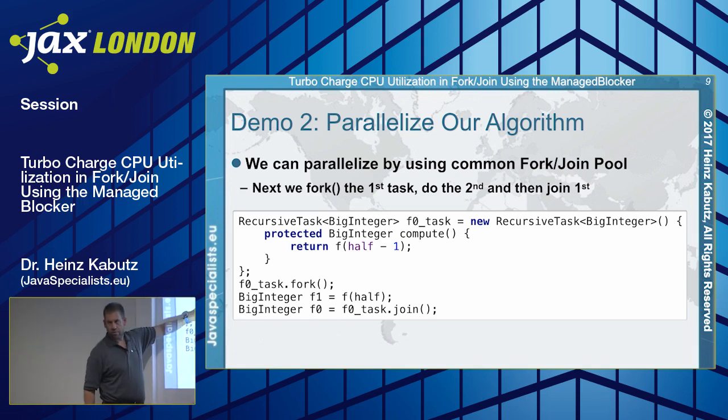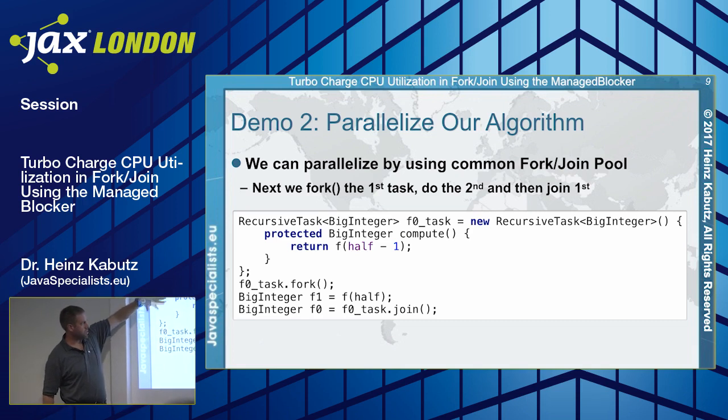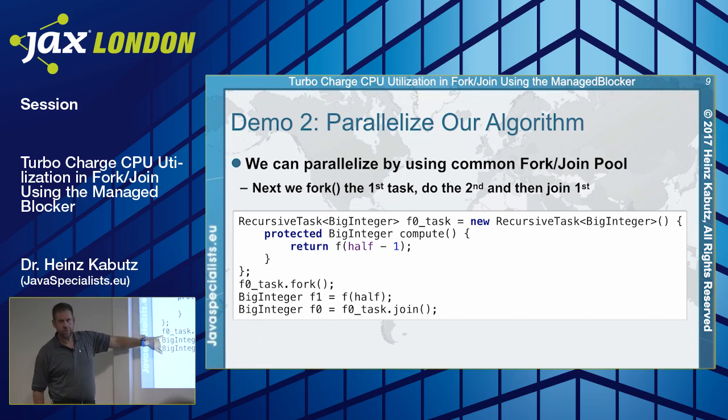It was the first f we worked out, and we surround it with an element in a class called recursive task, and that is just going to return f of half minus 1. Then we fork that, which might start it in a separate thread using the common fork join pool, and then we work out f of half, and afterwards we join back with f0.